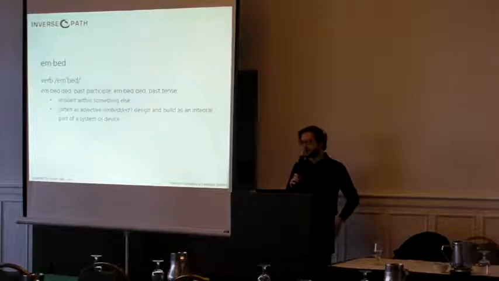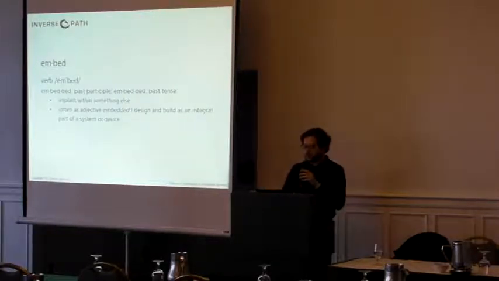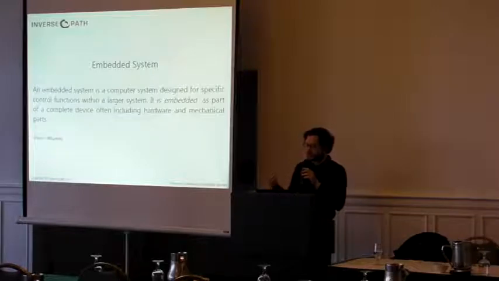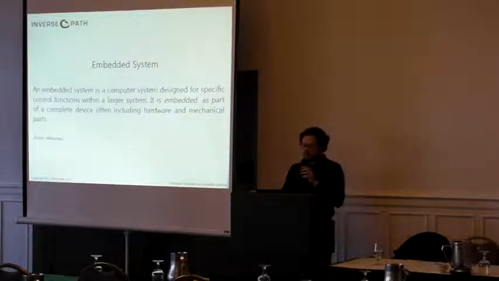So, embedded system. When we talk about an embedded system, we usually refer to a system which is designed for a very specific function within a larger system. So it is embedded as part of a complete device.